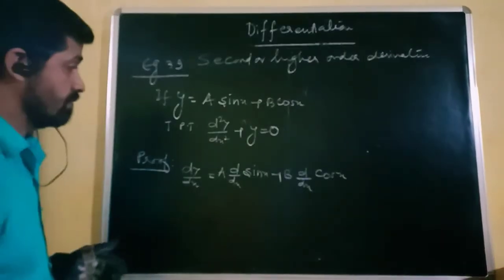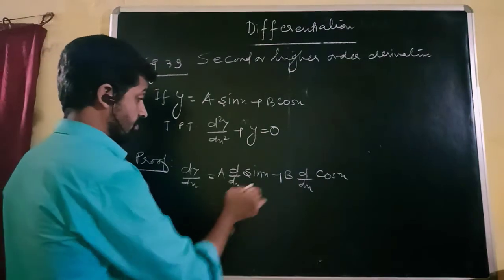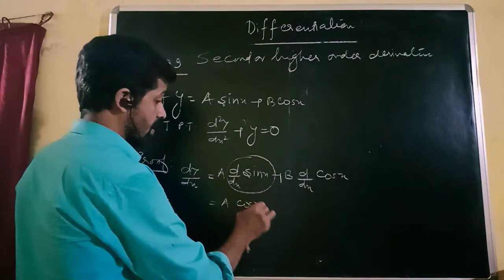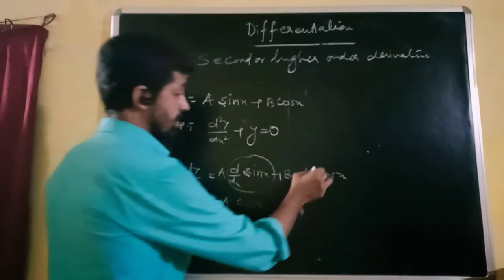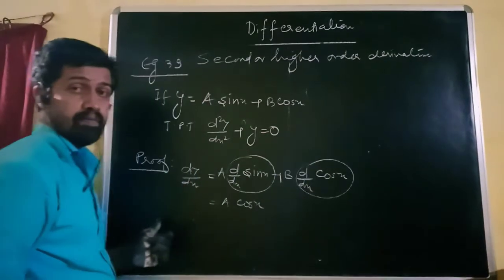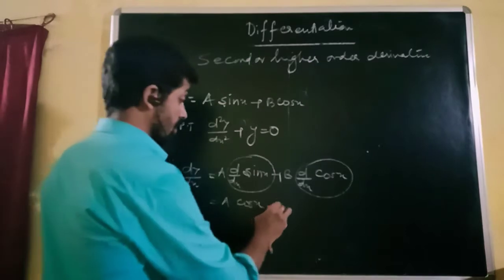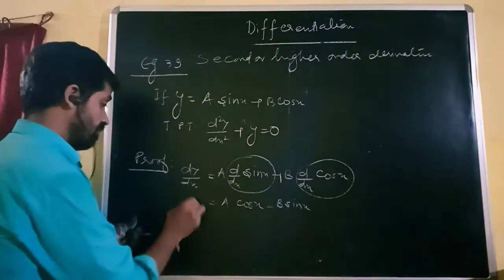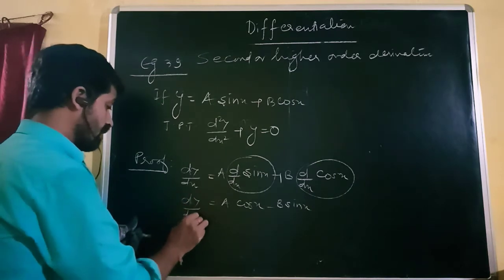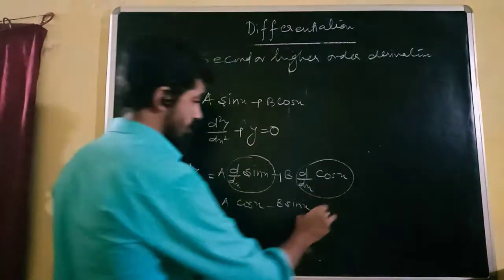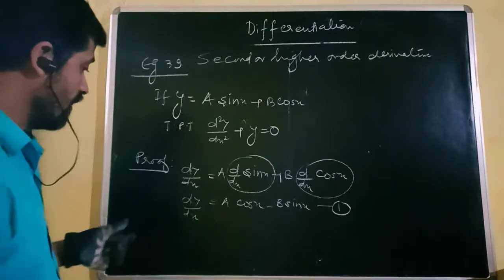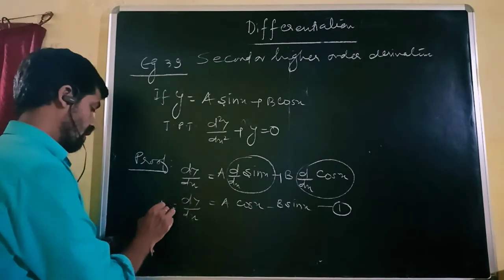Then d by dx of sin x is cos x, and d by dx of cos x is minus of sin x, so minus of b sin x we get here, children. So this is okay. First order derivative, that is y1, we have got it.